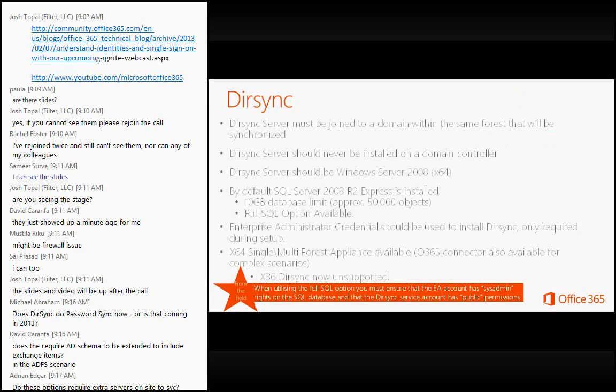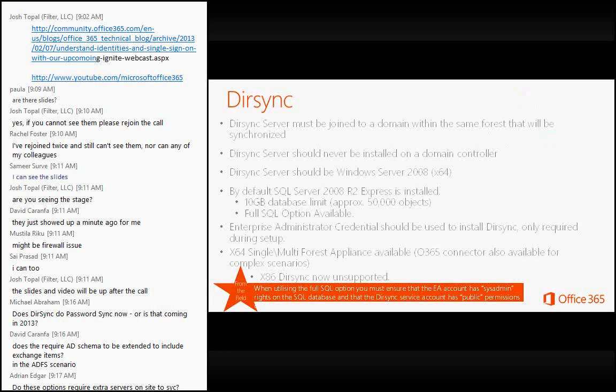Based on testing that we've done internally, we've calculated that around 50,000 objects would mean that you reach that 10 gig limit. So if you have more than 50,000 objects inside Active Directory, which depending on the organization, if you're a large organization, you probably will. Smaller organizations probably won't, and therefore you can get away with SQL Express.